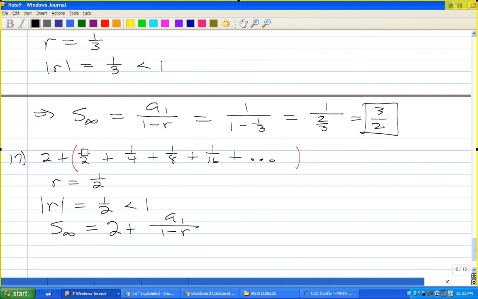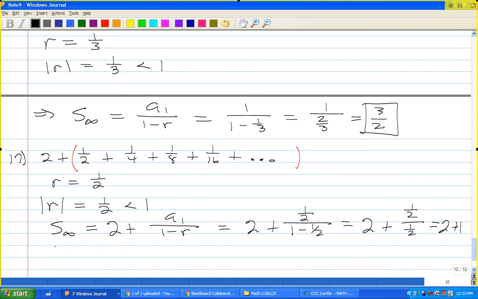If you look in the parentheses, this is a geometric series. A1 in this case is 1/2. R in this case is 1/2. 1/2 divided by, well, 1 minus a half is again a half. 1/2 divided by 1/2 is 1.